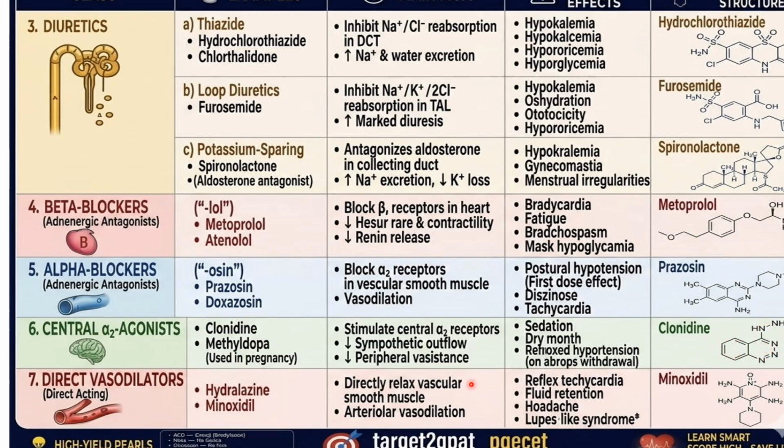Coming to the main mechanism of action, as said, these are agonists, meaning they simply stimulate the central alpha 2 receptors, which causes a decrease in sympathetic outflow and a decrease in peripheral resistance. A decrease in peripheral resistance is nothing but the vasodilatory effect, or decrease in hypertension.